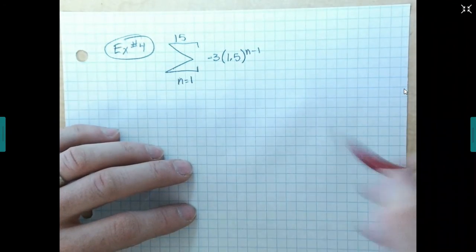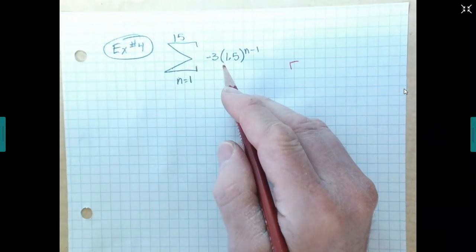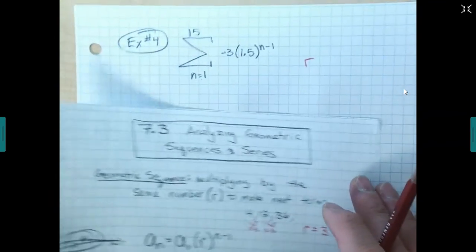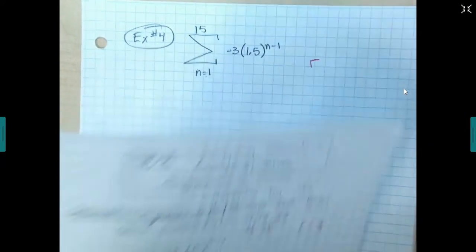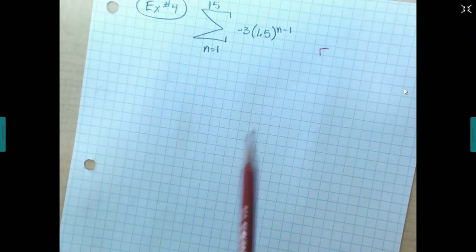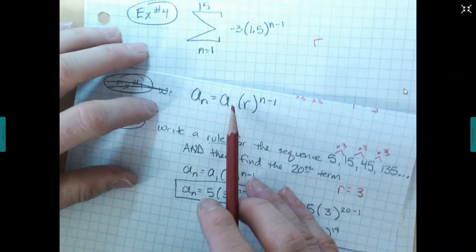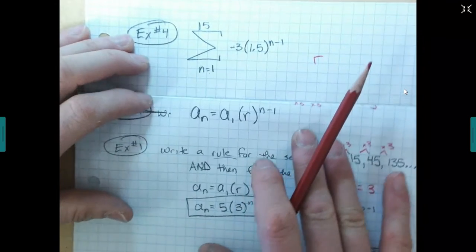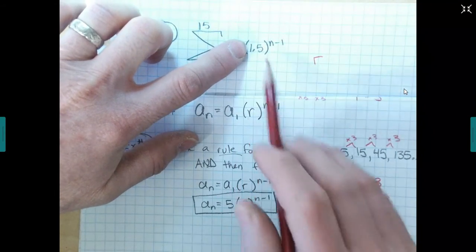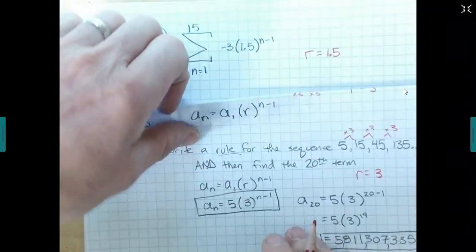So for this, what is our rate, if this is our formula? Our formula shows us that it's the first term times the rate. So our R value is 1.5.